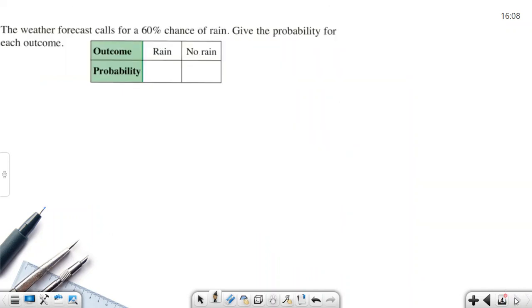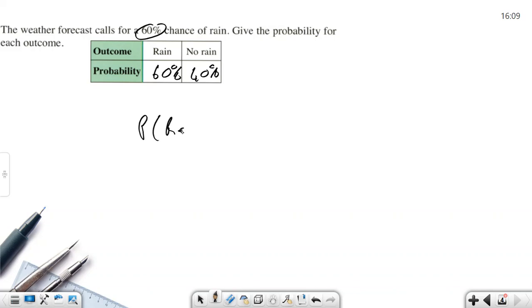Let's continue with another example. The weather forecast calls for a 60% chance of rain. So the rain percent is 60%. Give the probability for each outcome. If it's going to rain 60%, the rest of it is not rain, so no rain will be 40%. What is the rule?